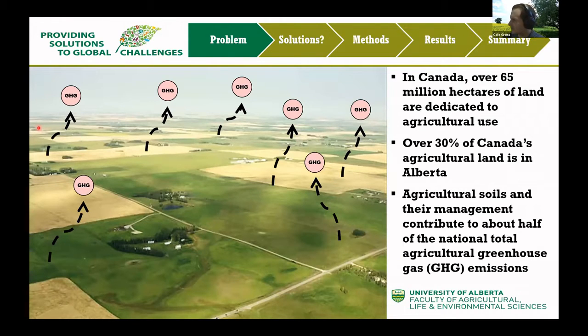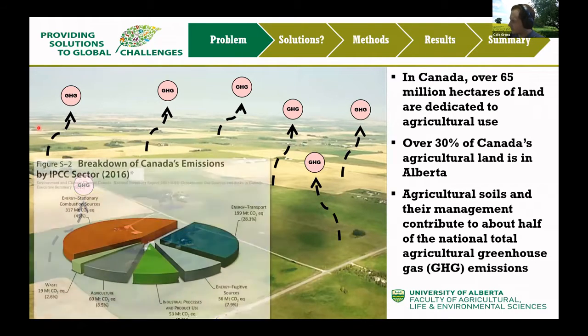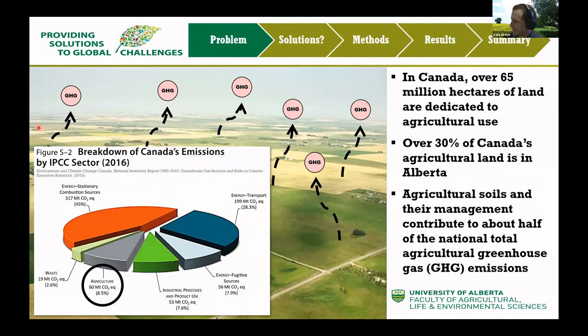In Canada, over 65 million hectares of land are dedicated to agricultural use, and over 30% of Canada's agricultural land is in Alberta. Agricultural soils and their management contribute to about half of the national total agricultural greenhouse gas emissions.